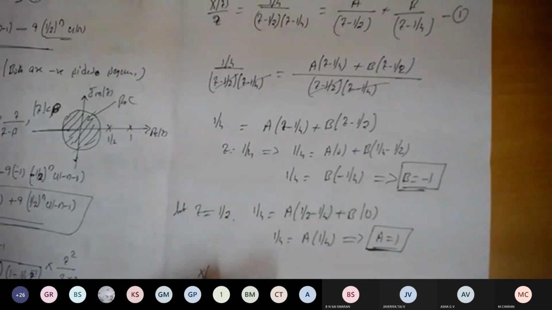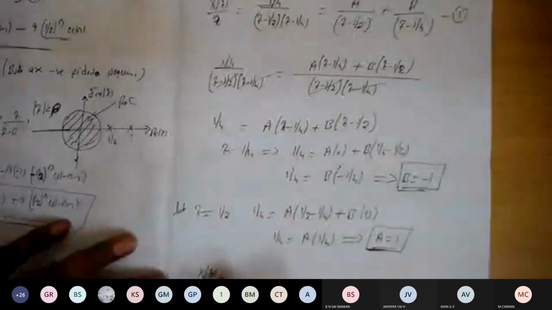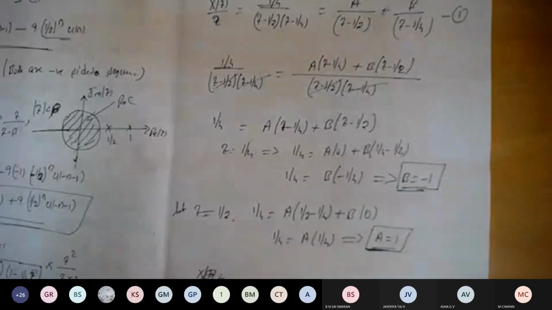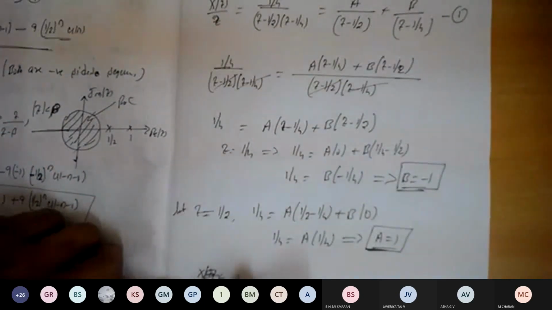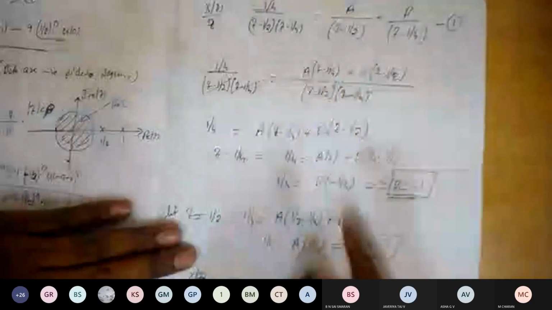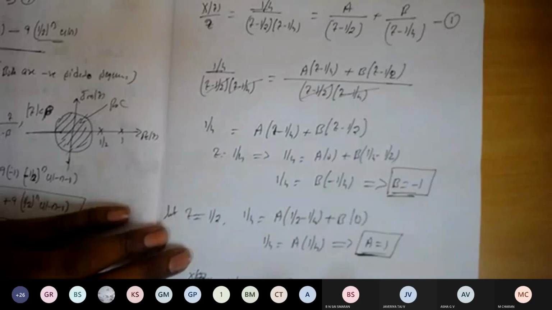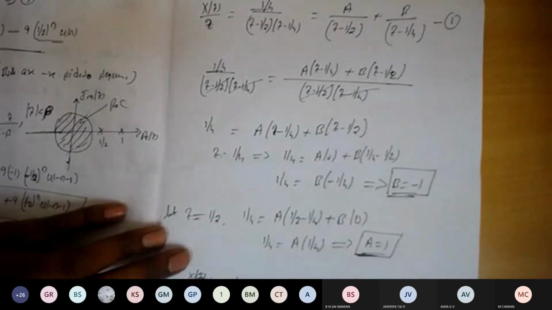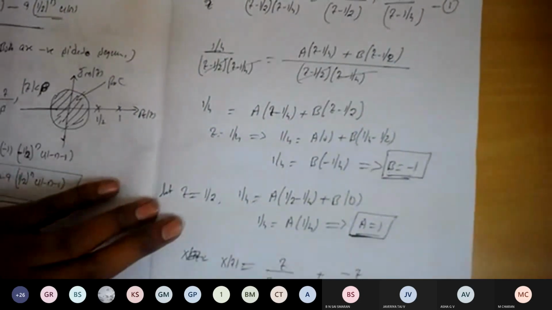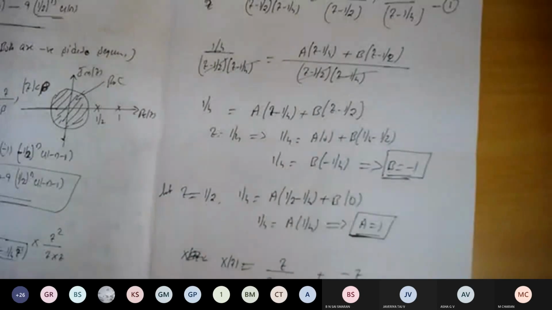So x of z will become equal to, the value of a is nothing but 1, so that is z divided by z minus 1 by 2, plus the value of b is nothing but minus 1, so minus z divided by z minus 1 by 4. This is the value we'll get here.